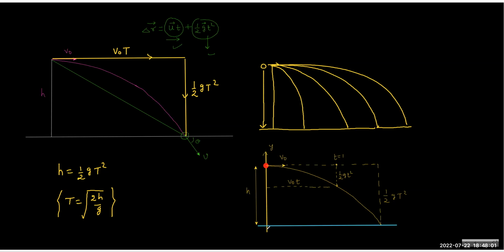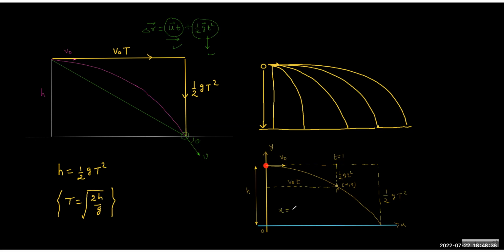And see the interesting event. Someone is asking me, can you find the x and y coordinate as a function of time t? Now it's very easy. What is the x coordinate of this point P? After time t, what is the x coordinate? V naught t.